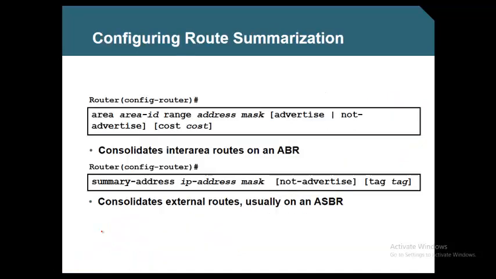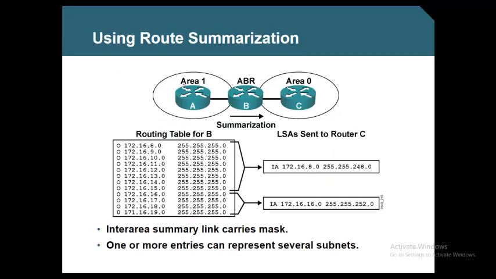I was telling you there are 2 types of summarization in OSPF. And this is ABR summarization. You go under OSPF and say area, which area network you want to summarize? In our case, let's say this is area 1.